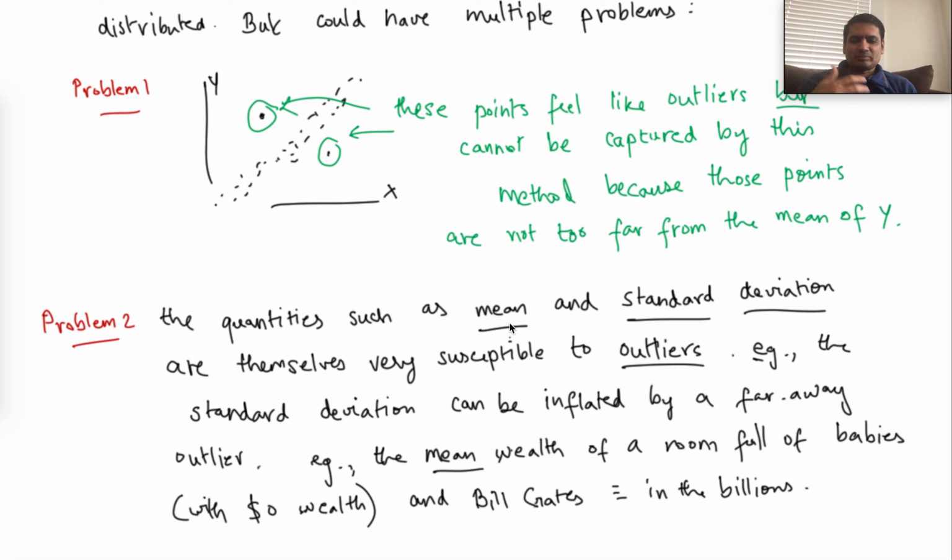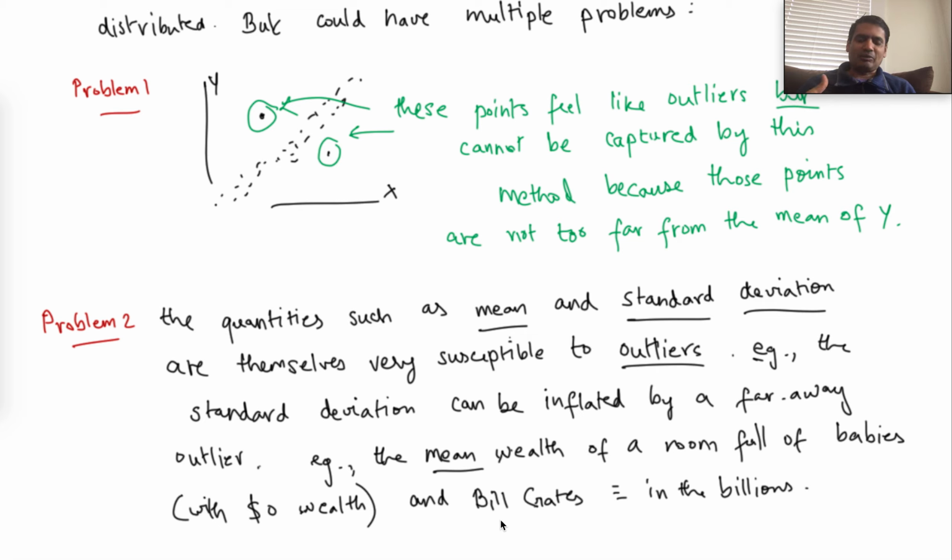So just to indicate why the mean is a bad way to detect outliers, I usually give this example. Imagine a room full of people, and they're regular folk, and they have some personal wealth, let's say, and they would have a particular mean and standard deviation of wealth that is typical of a typical person. But then, let's say you bring in Bill Gates or some incredibly rich person into the room.